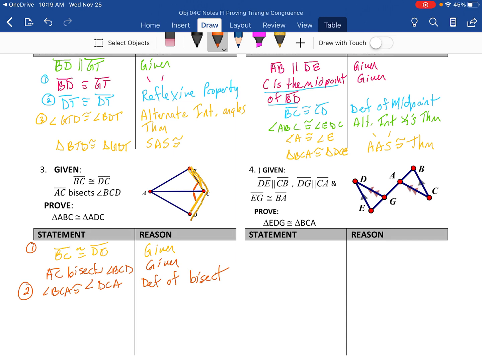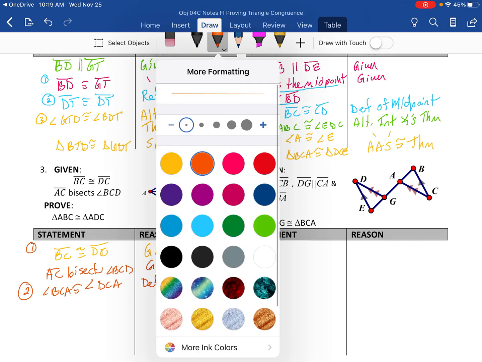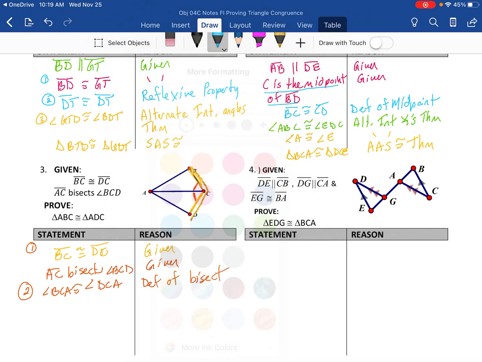Now, when I'm looking for a third thing, I look for things like vertical angles and the reflexive property if I'm not given any additional information. What I see here is they share AC. I know AC is congruent to AC, a side is congruent to itself by the reflexive property, okay? And so now I have three things.